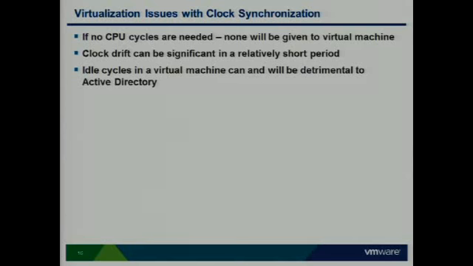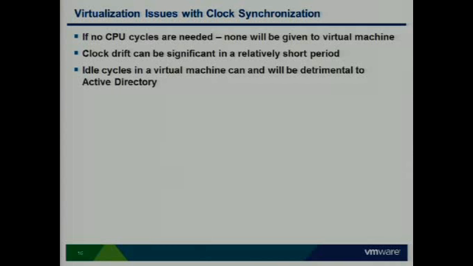And of course, what happens when you queue up timer ticks and you don't process them? Well, time starts to drift. And drifting time in an AD domain controller, or any application for that matter that's time sensitive, can be critically problematic to that virtual machine.